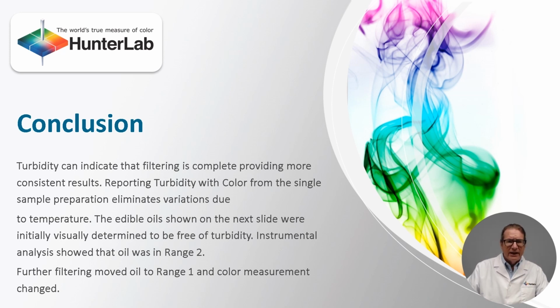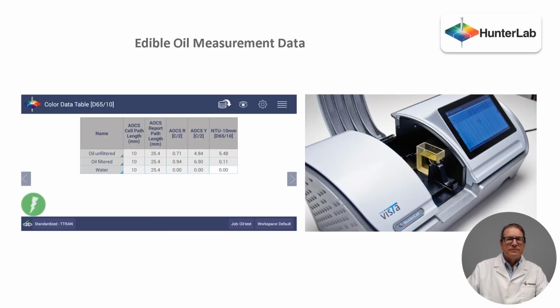Instrumental analysis, though, showed the oil was in turbidity range 2. Further filtering moved the oil to the low end of range 1, and notice that the color measurement changed. The Y value was more intense after the turbidity was removed. Recording both instrumental measurements of turbidity and color would be an improvement to the AOCS 13J method.